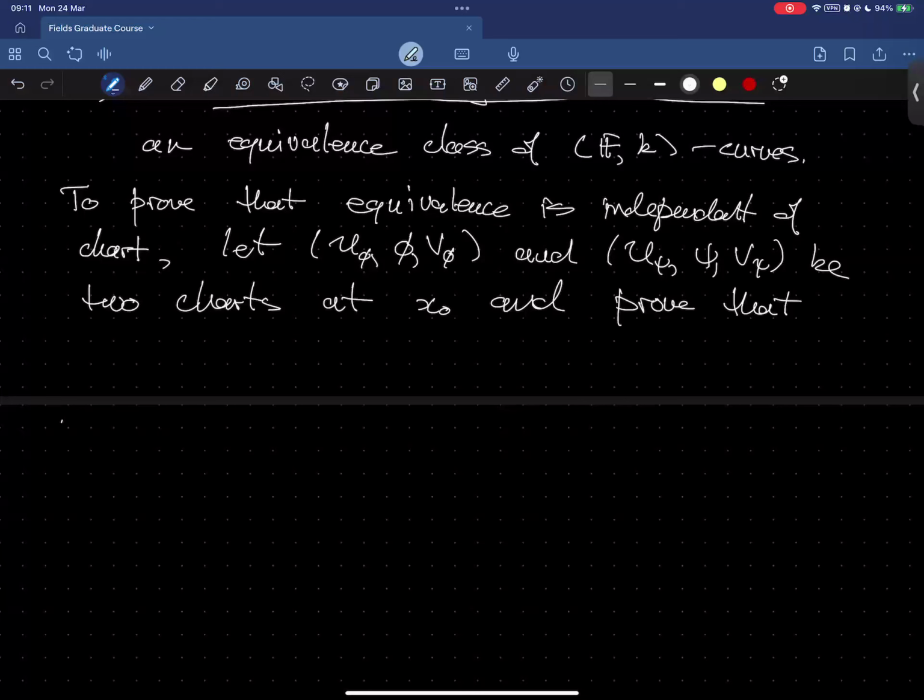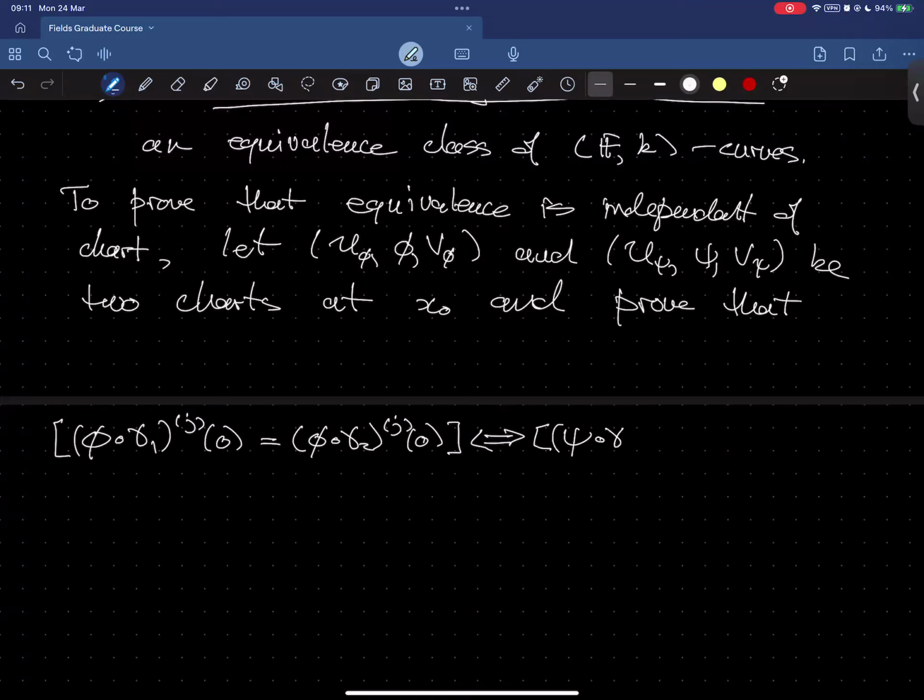You need to prove that these are equal, and here j, of course, in both cases goes from 1 to k.